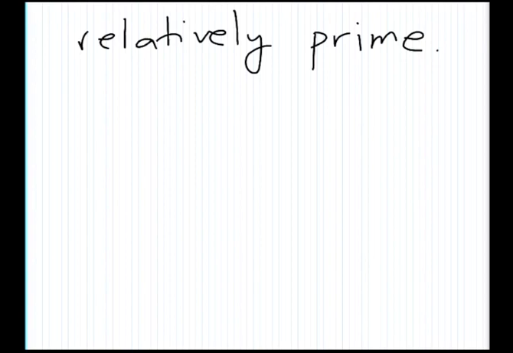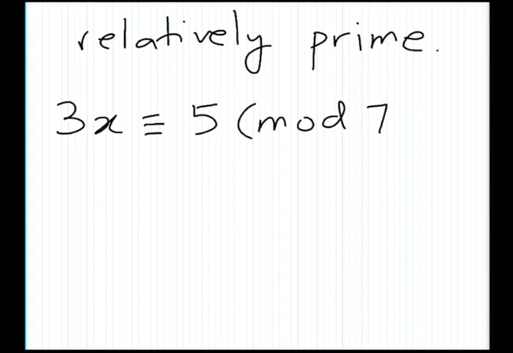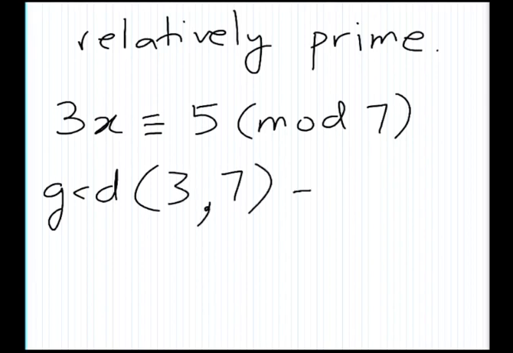Now let's see whether we can use this information. Let's say we have a relation which says 3x is congruent to 5 modulo 7. The first condition is whether the GCD of 3 and 7 is 1 or not. The GCD is 1, so the inverse of 3 exists modulo 7. Now we have to find a number such that when we multiply by 3 and then divide by 7, we get a remainder of 1.